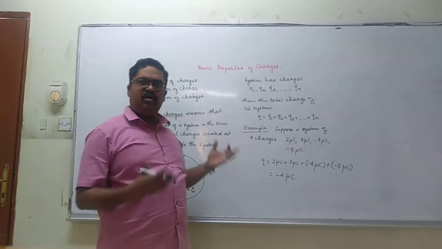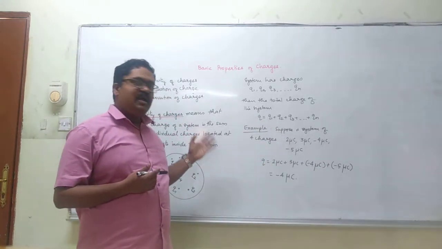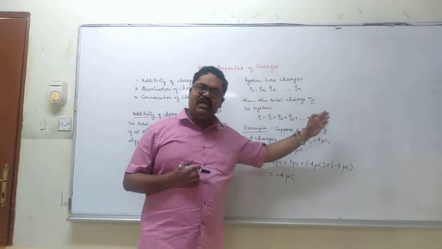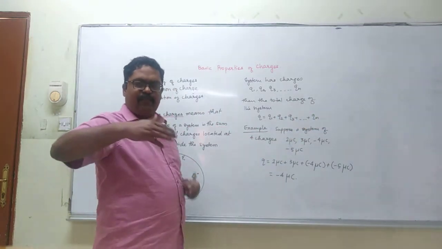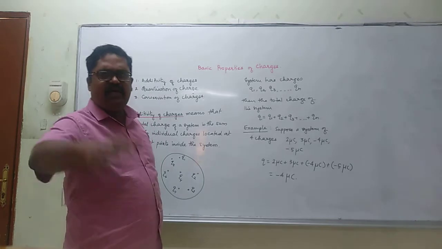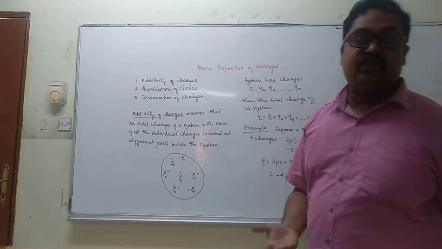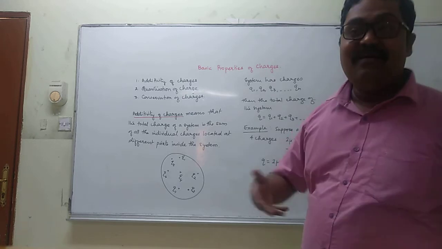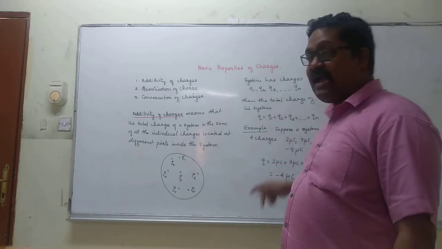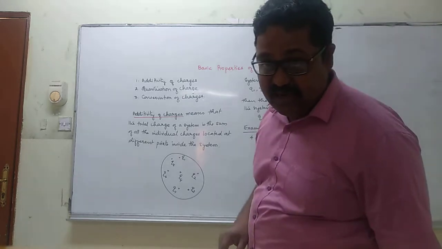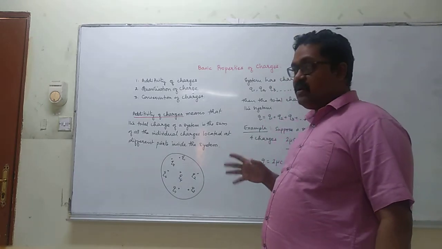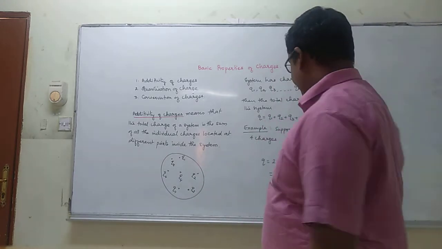It is a system of n charges, so it will be the algebraic sum of all the n charges. But the signs have to be noted, because some of them may be positive charges, some of them may be negative charges. So the sign also has to be considered while you are finding the net charge on the system.